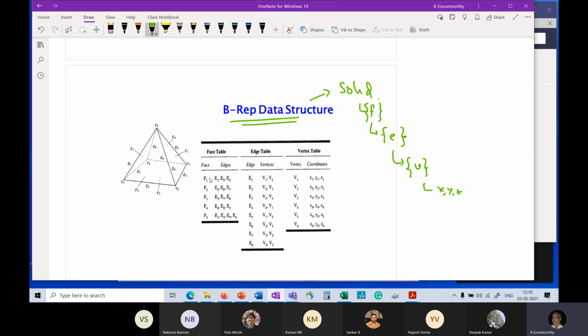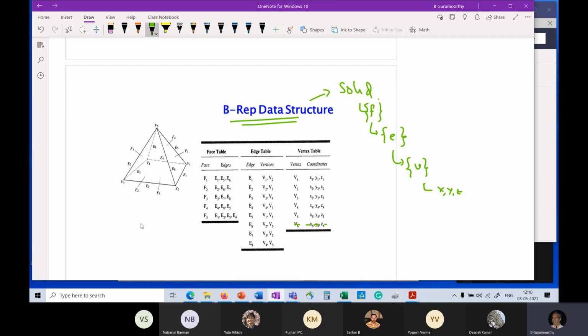My solid has a list of 6 faces, or 5 faces, sorry, and a list of 8 edges and 5 vertices. The 6th one is not there. And so that's the second point about the creation of the boundary representation of a part.